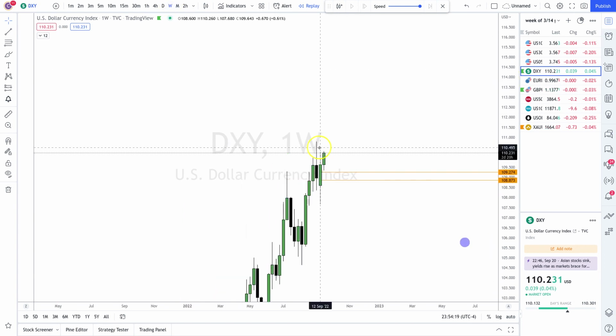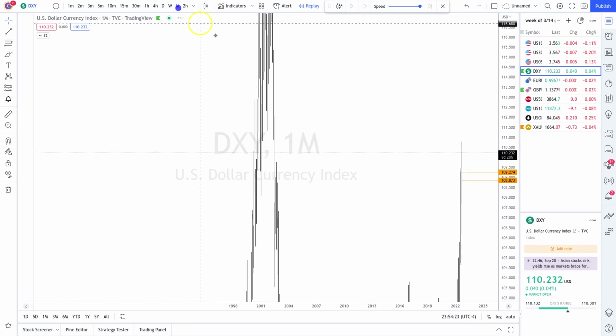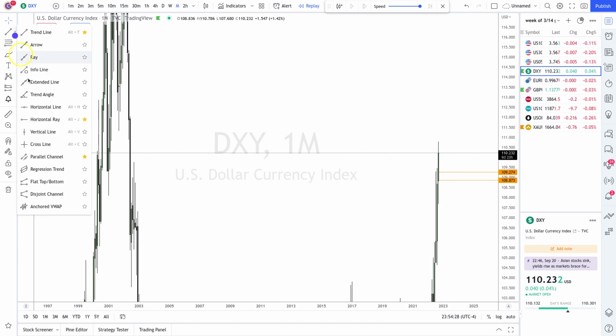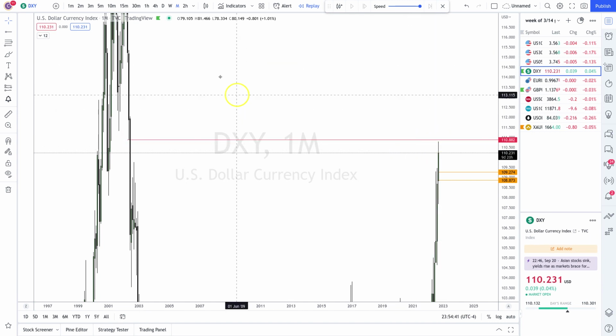Maybe they may use FOMC to do it. But of course, as I always say, we'll respond to price accordingly. Okay. Looking at a monthly chart here. Okay. So we'll see how price responds once we completely fill this area.